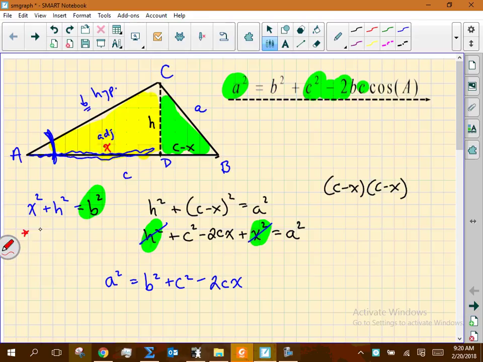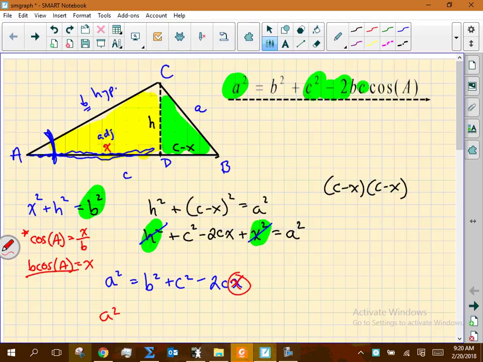So can I write another formula here that says cosine of a is equal to x over b? Will that allow me to eventually get rid of this x down there? Can I solve this red equation for x? B cosine of a is equal to x, right? So now I'm gonna replace that thing there with b cosine of a.